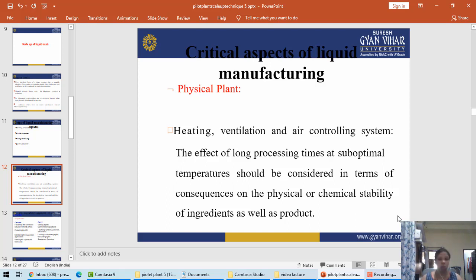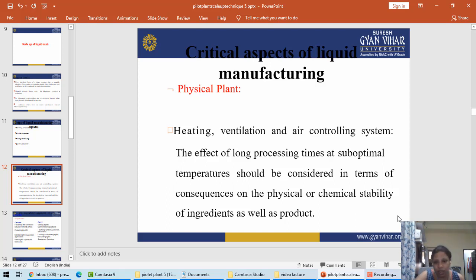The effect of long processing time at suboptimal temperature should be considered in terms of consequences on the physical and chemical stability of ingredients as well as the product.